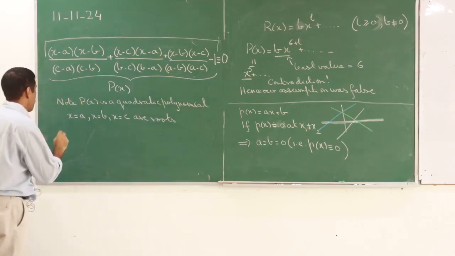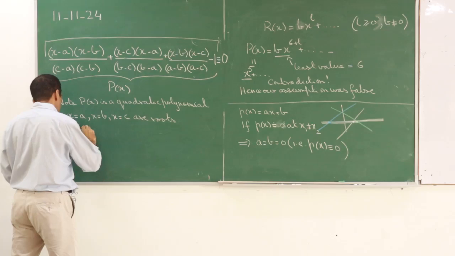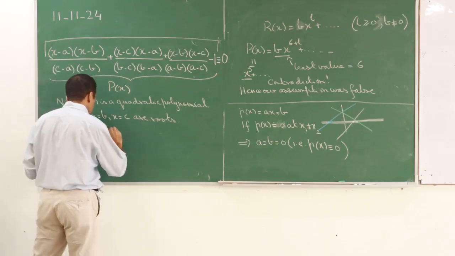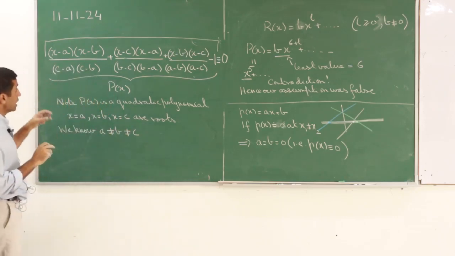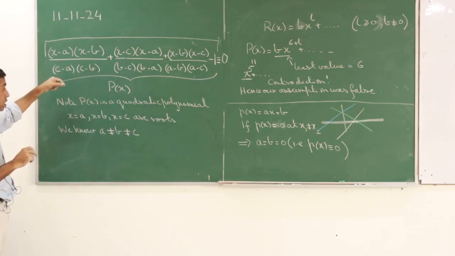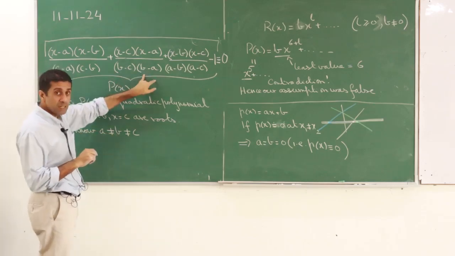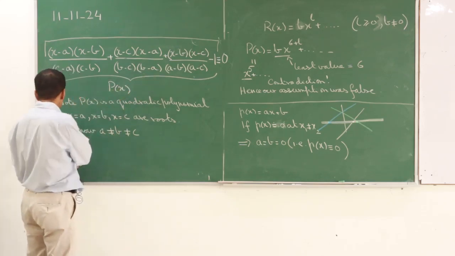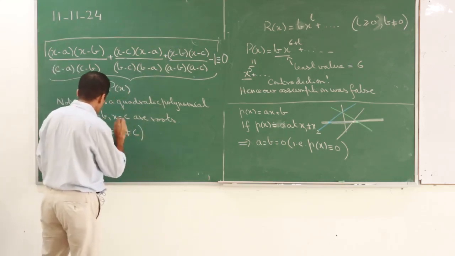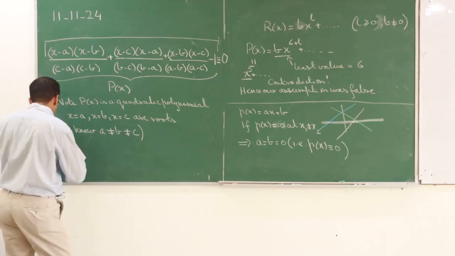Note also, we know a is not equal to b is not equal to c, because otherwise this polynomial would not make sense. For example, if a were equal to b, then you're dividing by 0 and this would be a nonsensical question. So we already know that, right? So this means we have found 3 roots.